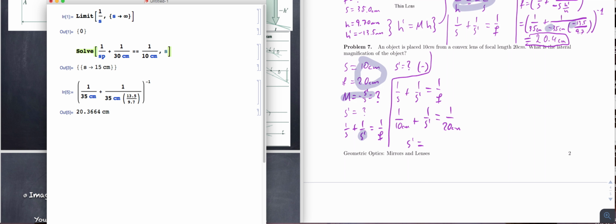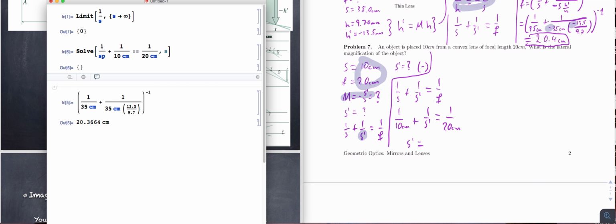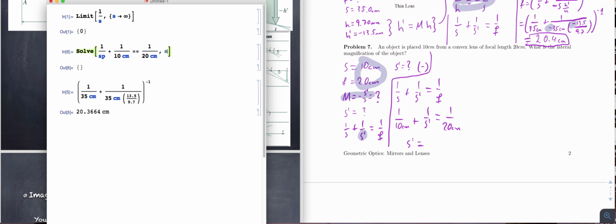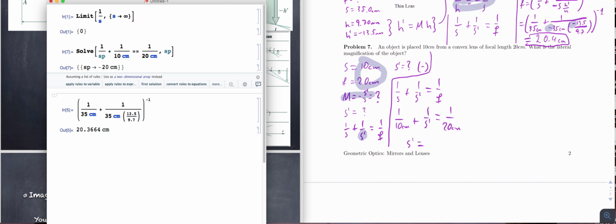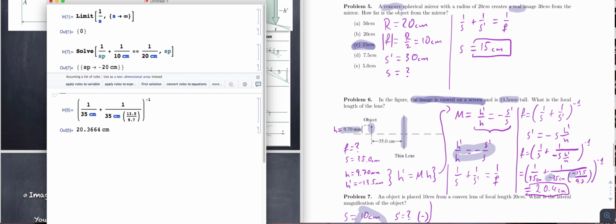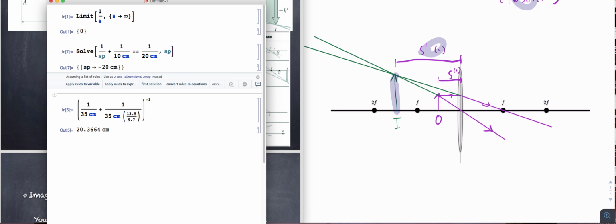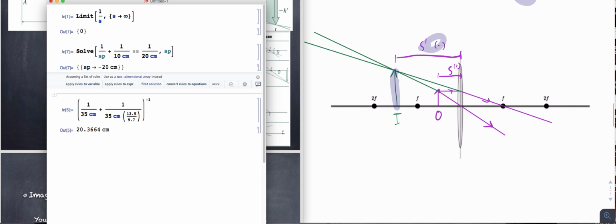And S was 10 centimeters, and the focal length was 20. It's empty because I forgot to say solve for S prime. And we get S prime is minus 20 centimeters, which corroborates our picture up here, and of course the table.